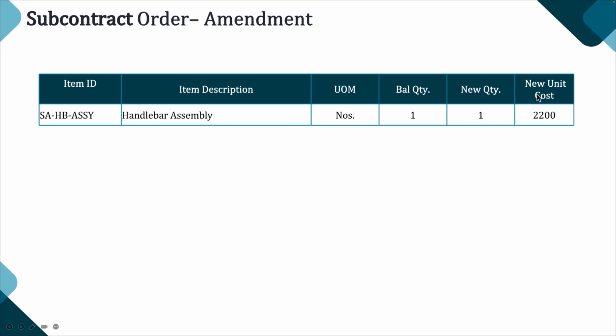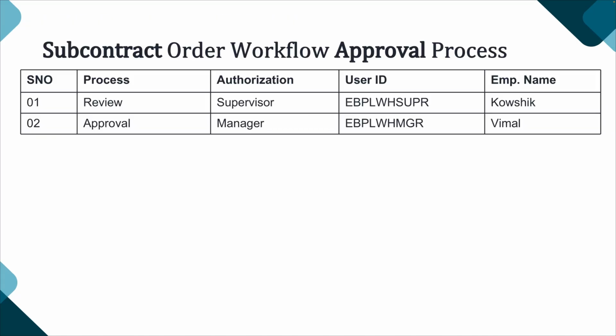We will be updating the new unit cost, where 2200 will be entered. Previously it was 2000, and we are going to update it as 2200, which will be projected in your subcontract order after giving the amendment.